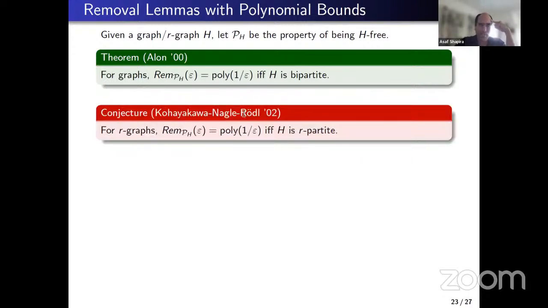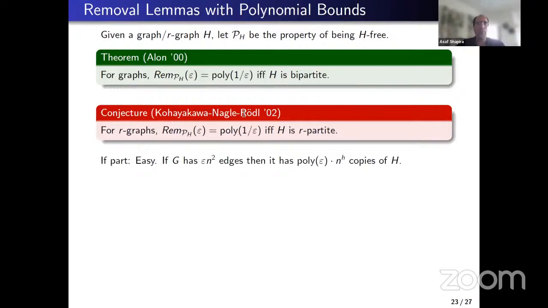Two years later, Hàn, Nagle, and Rödl conjectured that the natural generalization of Alon's result holds also for r-graphs, meaning that the property of being H-free in r-graphs has a polynomial removal lemma if and only if H is r-partite.